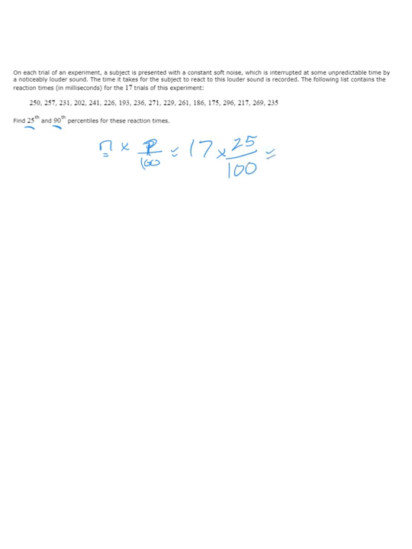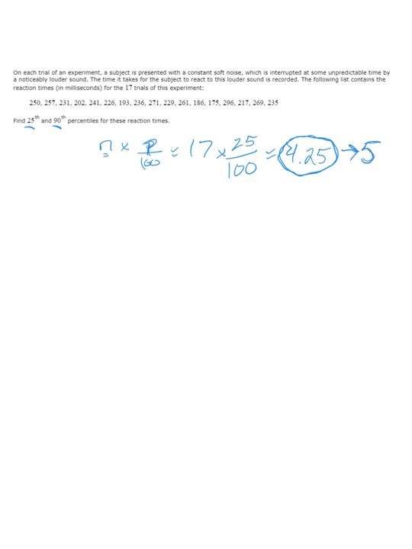Then I'll go to my calculator. 17 times 25 divided by 100 is going to come out to 4.25. Now, here's the thing: if this number comes out to be some kind of decimal, you always round up. So in this case, I'm rounding this up to 5.